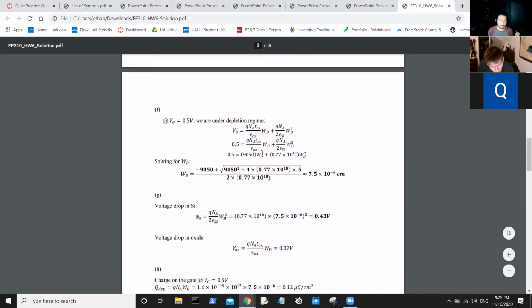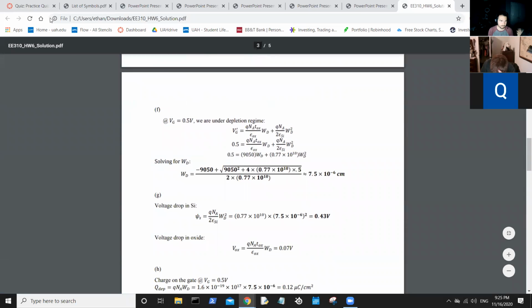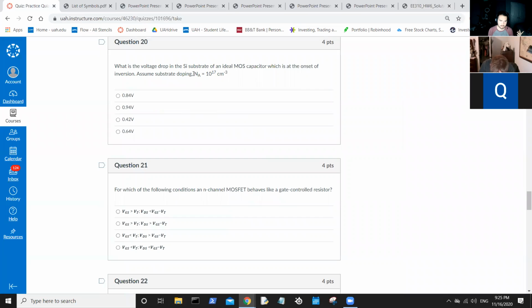The first part when it comes to onset of inversion is you have to recalculate your depletion width, which will be given, or you'll just figure out how to do it. That's the formula to recalculate your depletion width right there. You take the value of your depletion width that you calculate using the only value it gives you, your doping density. And I know, because I did the calculation last time, that the answer is 0.84 volts here.